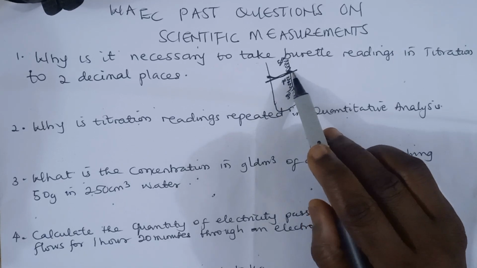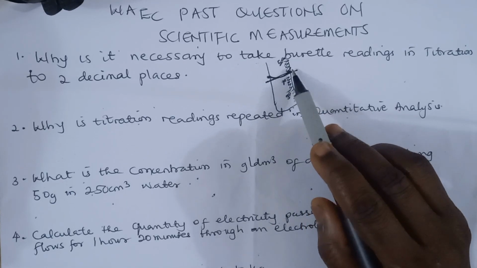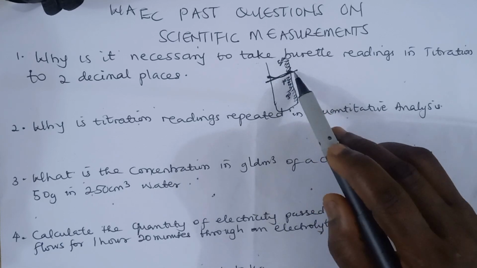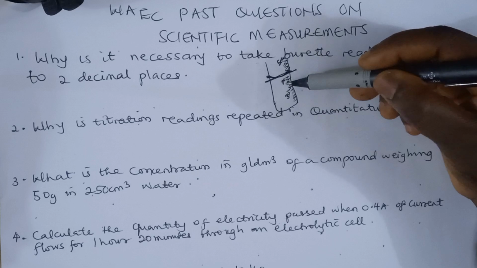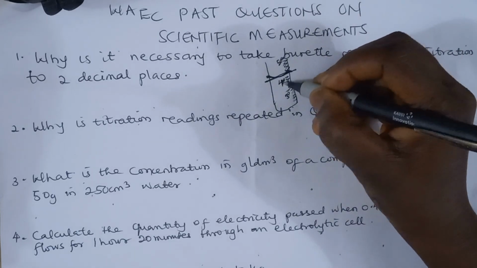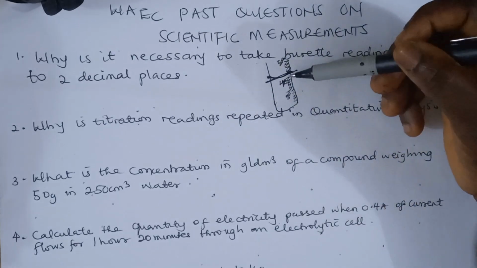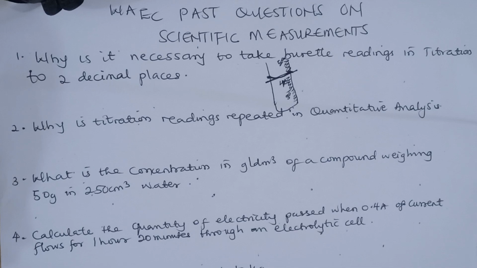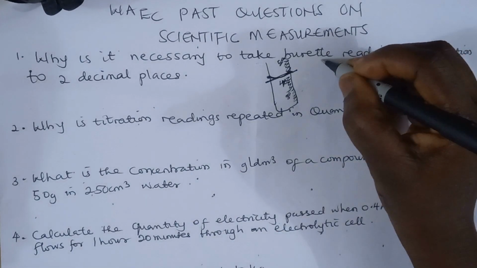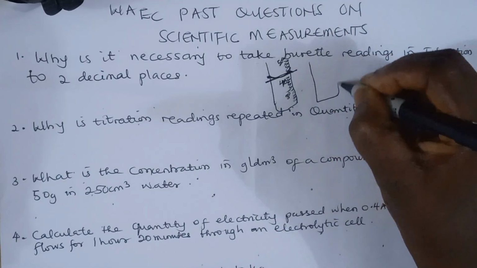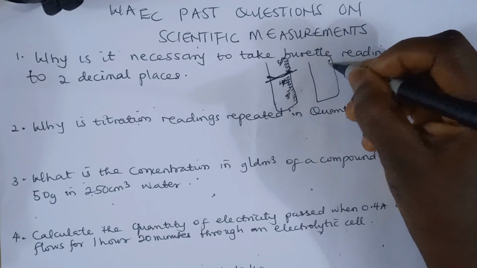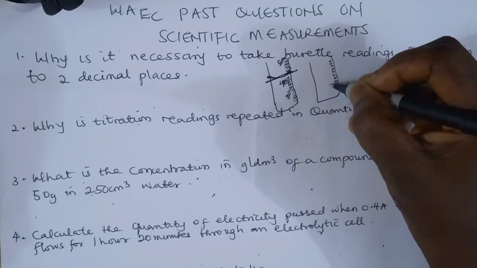So most times it may not be on the whole number. So if you have this now, for instance, this is between 50 and 40. 40 is here, 50 is here. Now, let's assume that we have another burette that is taking readings, and between 40 and 41 we have readings there.